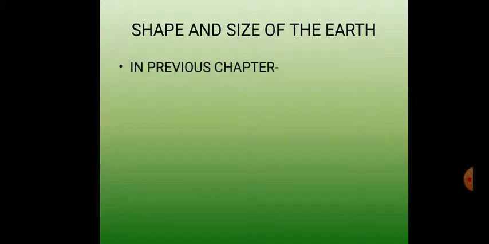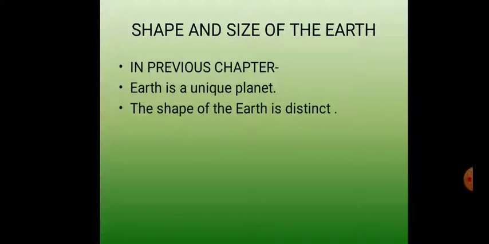In the previous chapter we had learned about the earth. In that we learned that earth is a unique planet and the shape of the earth is distinct.